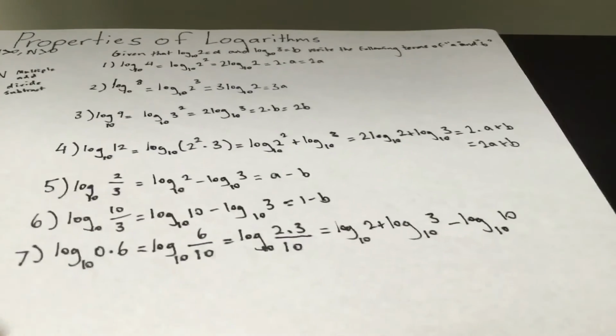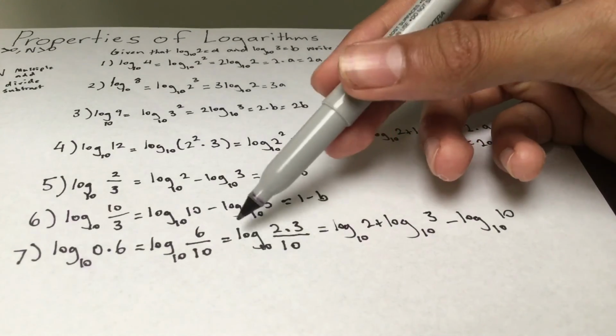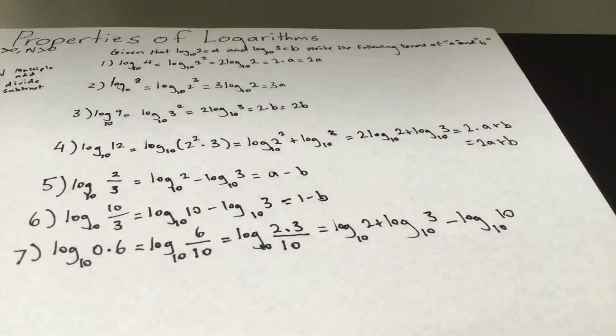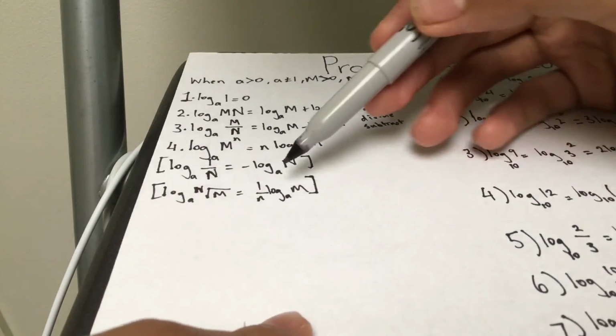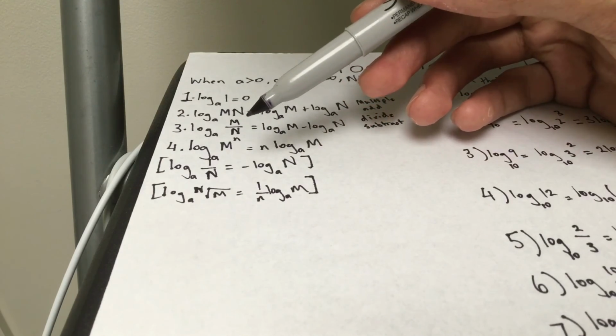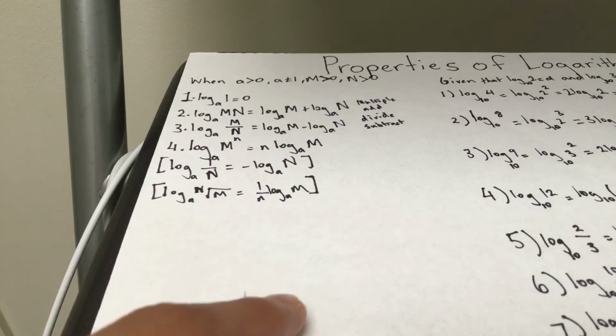You need to be careful in this part because it's over a fraction, so that means minus log 10 10, as it shows in our fifth rule. When it's a fraction, you bring out the minus and bring it to the front, and it replaces the fraction.